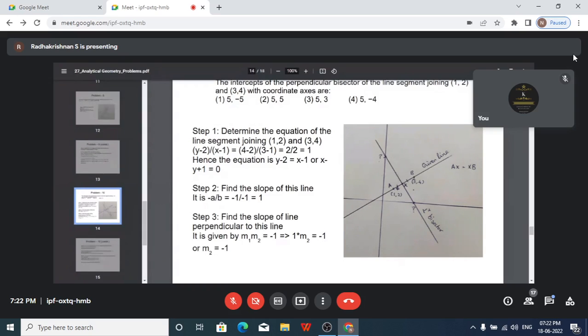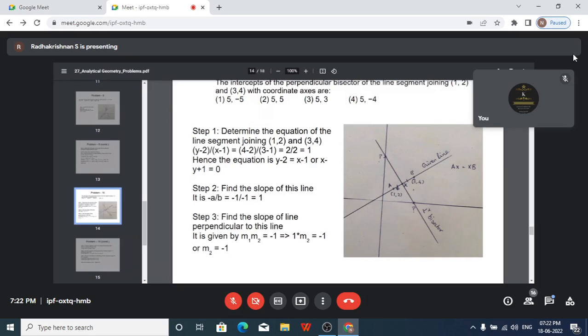Okay, so these are the steps. First of all, since A and B are given, we can find out the equation of the given line. That is the first step. I think Nityashree explained it quite well. Using the 2-point formula, you get that equation as x minus y plus 1 equal to 0. Next step is, what is the slope of this line?